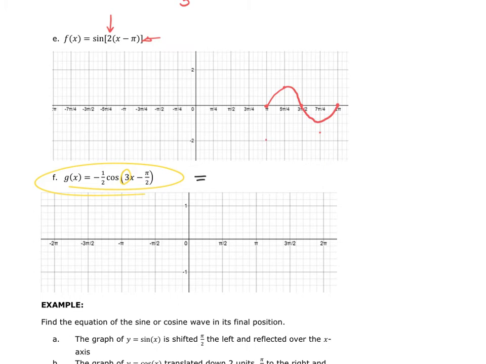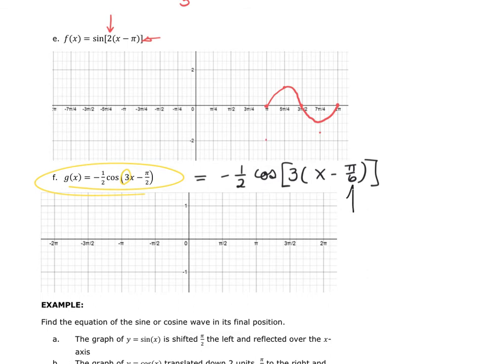So let's rewrite this as -1/2 the cosine of. Now I'm going to factor out a 3 off of that. So then when I factor out a 3, in other words, I'm dividing by 3, it is -pi/6. So make sure if you have one like this on the homework that you factor off that omega to get the correct phase shift, because if you don't, you won't get the correct phase shift.